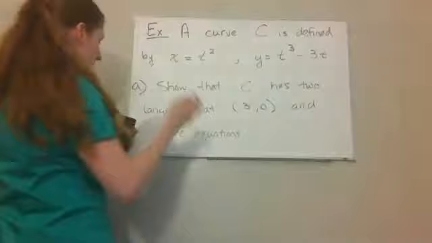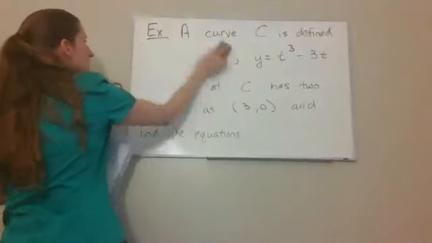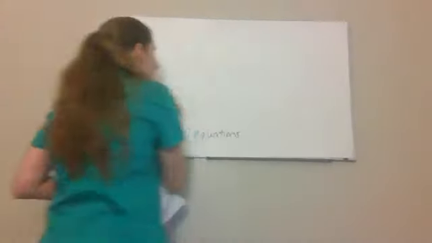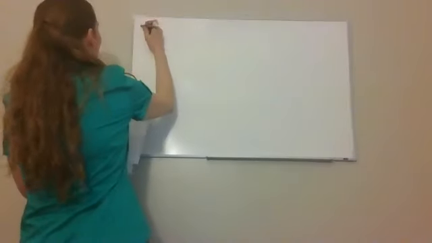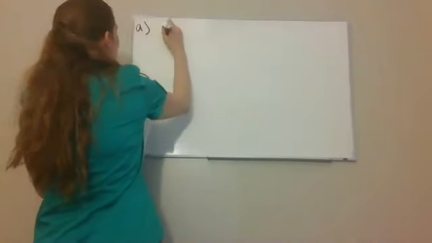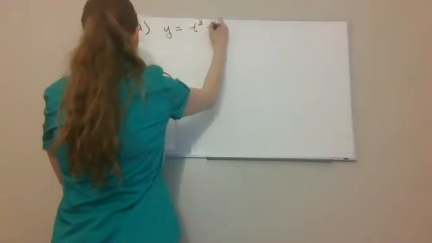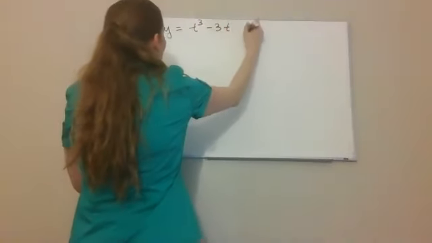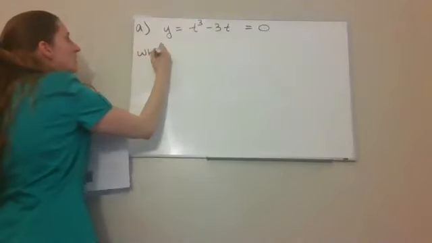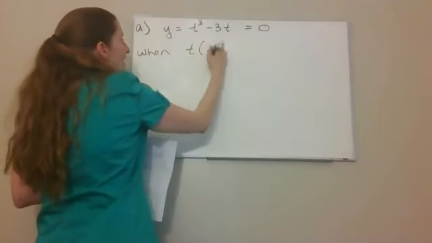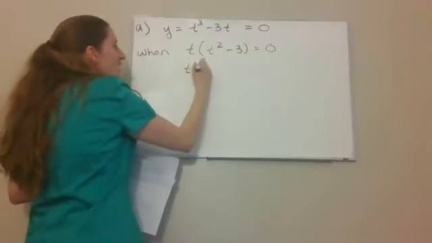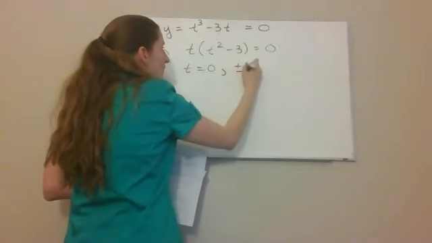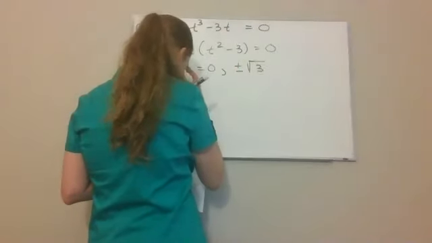So first, let's look at when our y, which was t to the third minus 3t, equals 0, when t times (t squared minus 3) is 0. So we get t is 0 or plus or minus the square root of 3.